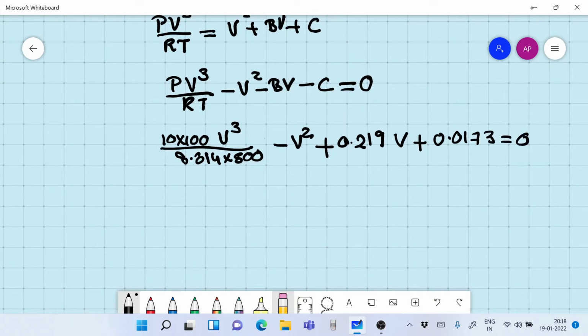This is going to be equal to 0. Now we will get the volume from this equation.